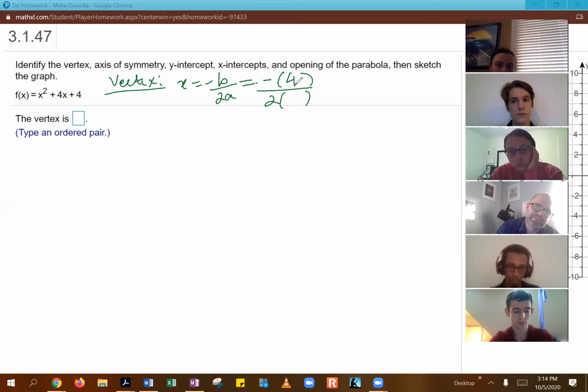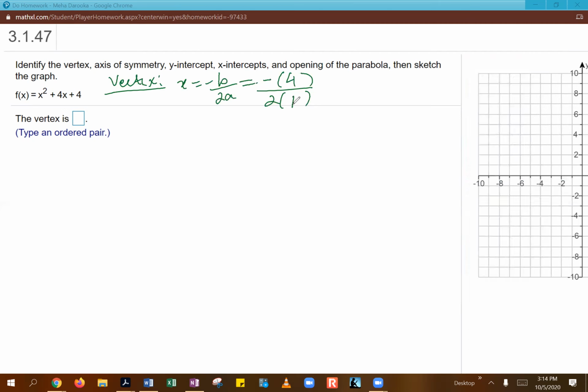Yeah, because you can see the coefficient of our x squared is just 1. So this basically comes out to be negative 4 over 2. So James, how did you get negative 4 and 4? Because this will become negative 2 for the x value. Yeah, so just be a little careful.